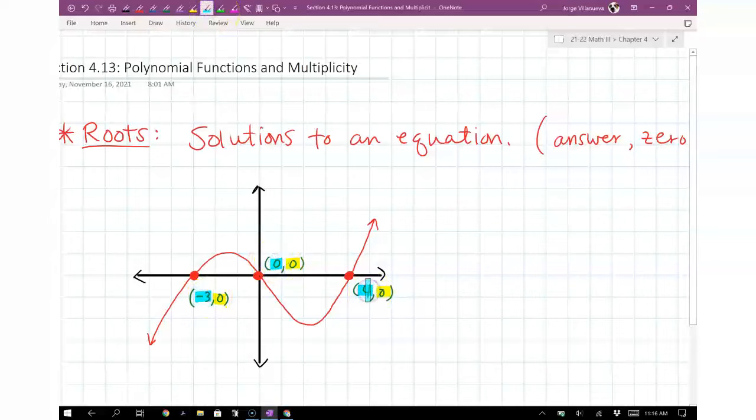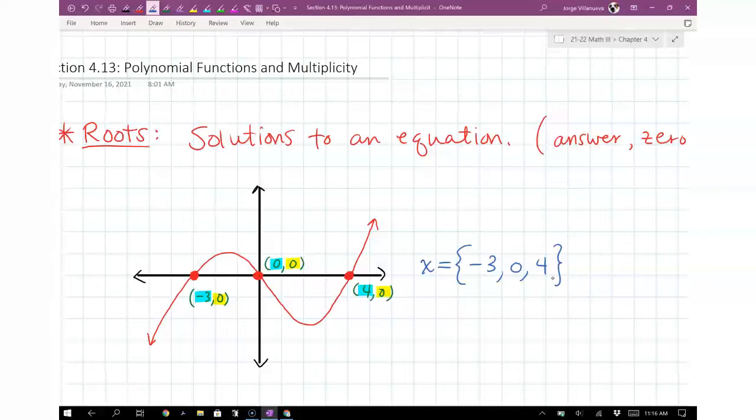So these would be my zeros. Does that make sense? If I give you a picture, you should be able to tell me what the answers are for that equation by just looking to see where it crosses the x-axis. That's all.